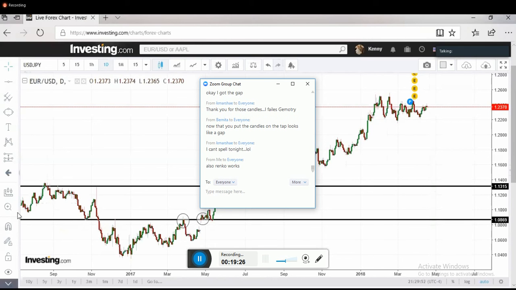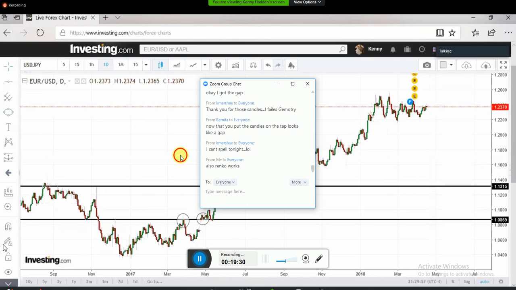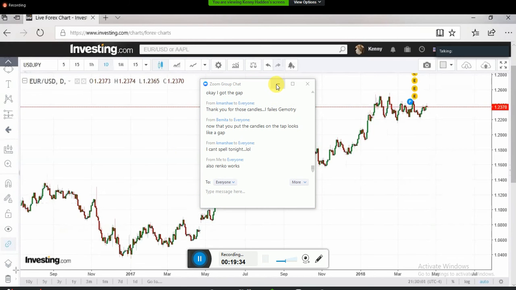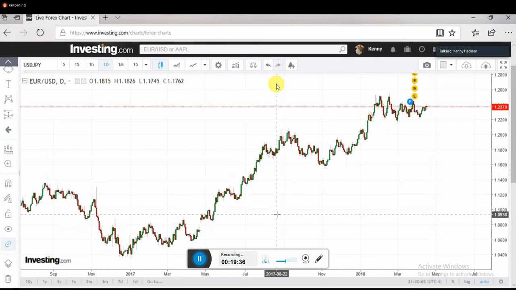That's good. All right. So basically what I want to go over is a little strategy that I've been using for a couple months now on how to trade by finding support and resistance lines.